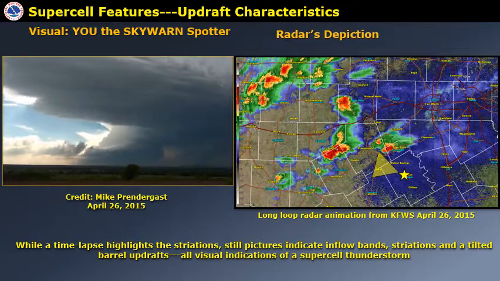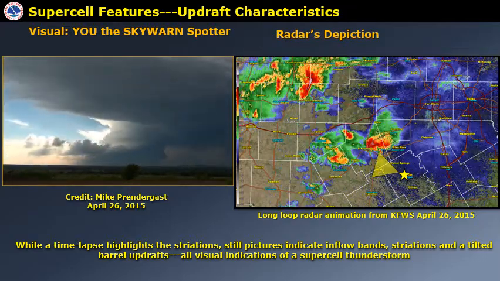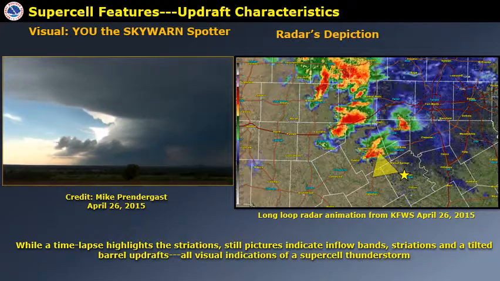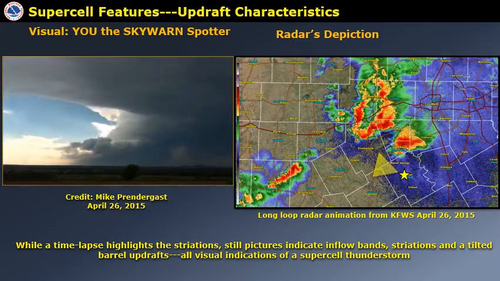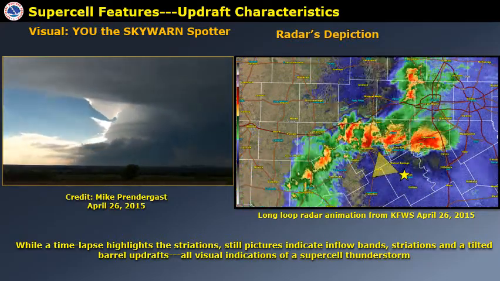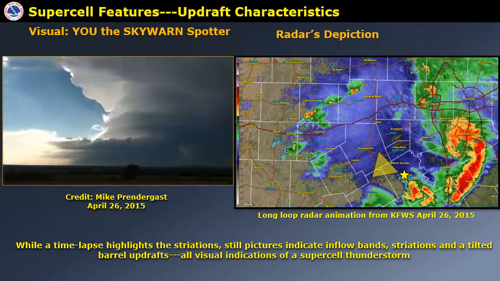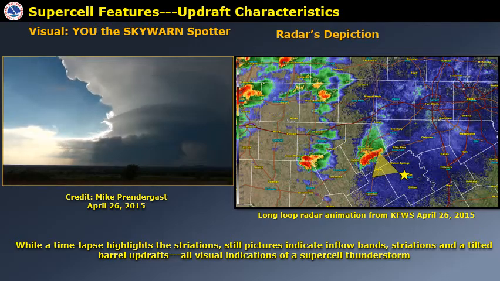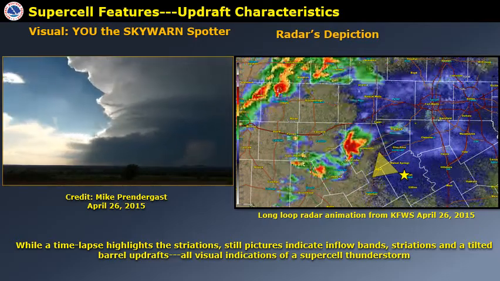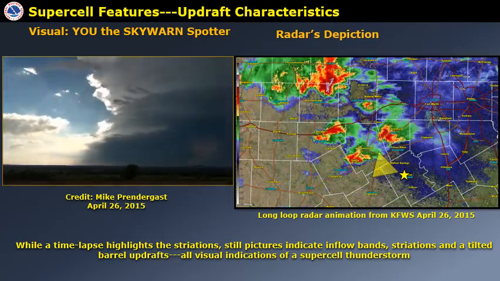Now, this was a pretty eventful day across North Texas, and supercell storms on this day, back in 2015, produced between 10 and 15 tornadoes. Now, most of these tornadoes occurred in very rural areas, and they were rated EF0s and EF1s.